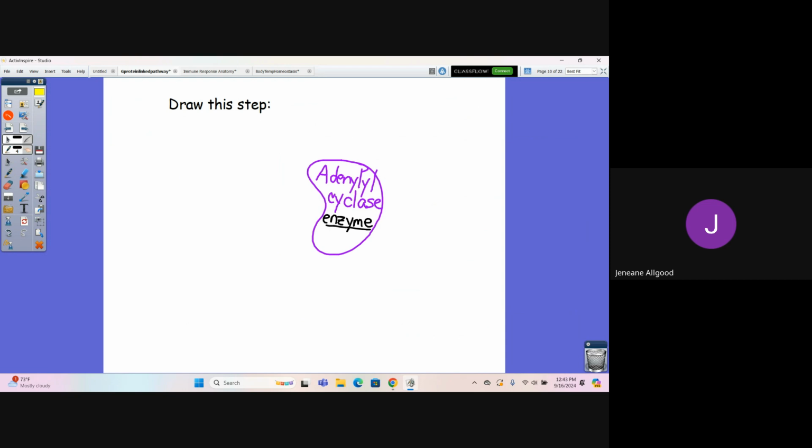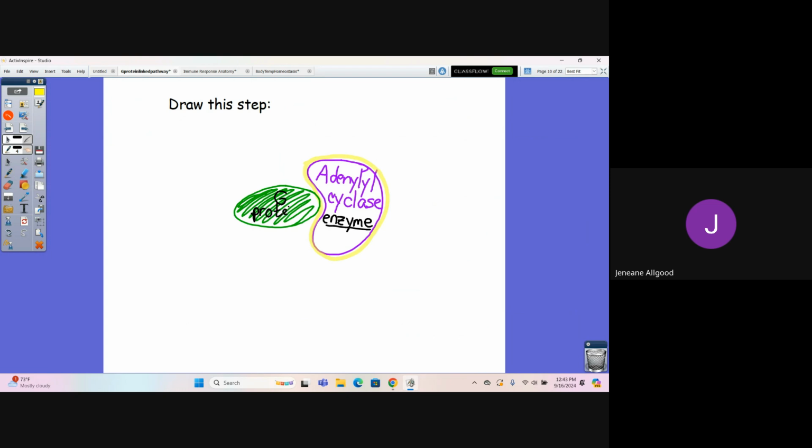All right, that adenylyl cyclase enzyme is activated. And the reason that it's activated is because it has the active G protein attached to it. So I'm sorry if I'm in your way. I'll move so you can get this down, but you kind of know what this stuff looks like.